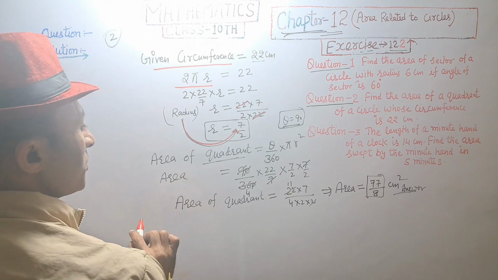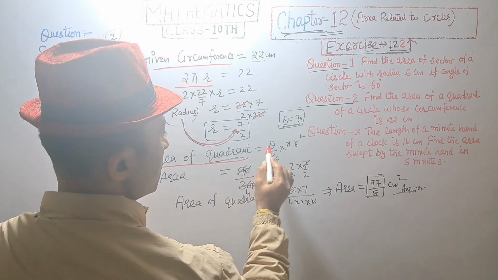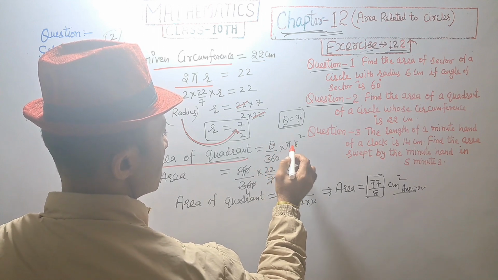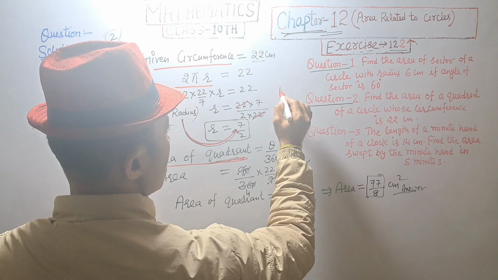It's radius of circle, and area of quadrant is equal to theta upon 360 into pi r square, and angle theta equal to 90 degree.